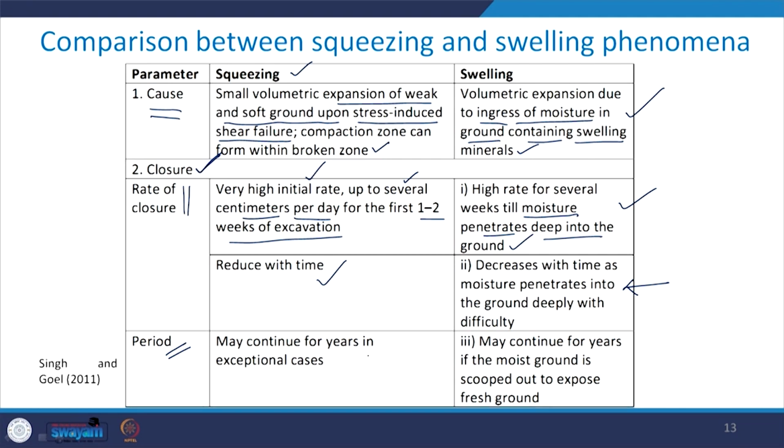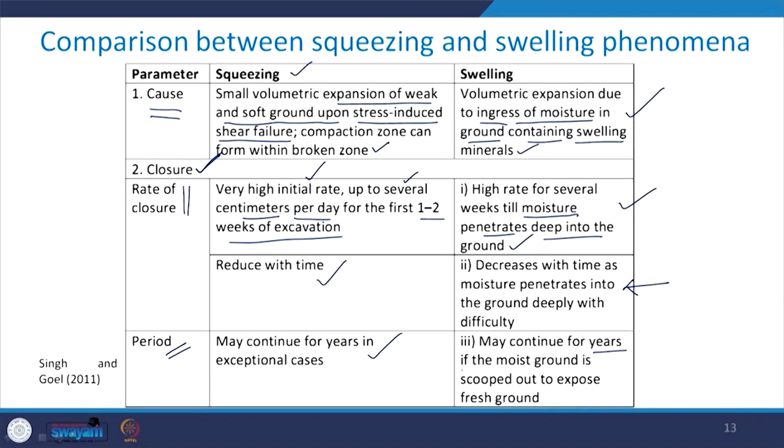This may continue for years in some of the exceptional cases for the squeezing phenomena, while in case of the swelling phenomenon, it may continue for years if the moist ground is scooped out to expose fresh ground.